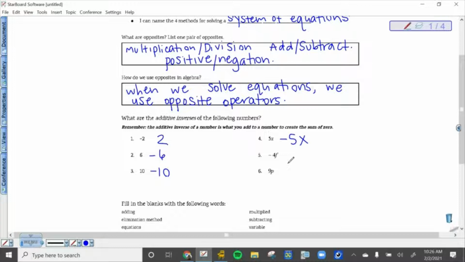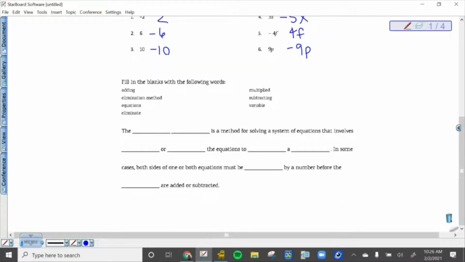Okay, Brooklyn, what about negative 4f? Yeah, positive 4f. Okay, and then Alex, the last one. The one that I gave you is positive 9p, so what would be the, there you go, yeah, negative 9p, perfect.